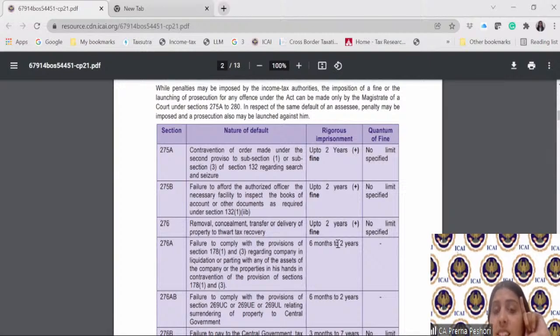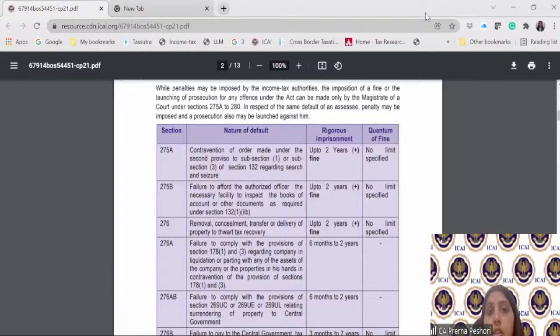Then 276A is with the liquidation officer. Failure to comply with section 178 regarding company liquidation, that is, while the company is in liquidation, if the officer is not complying with section 178, or he parts away the assets which are there in the liquidation. So 178 is basically for the liquidation of the company.